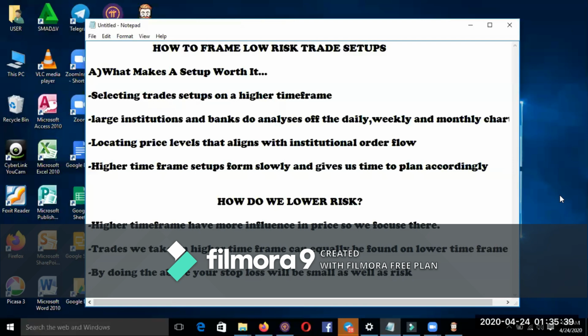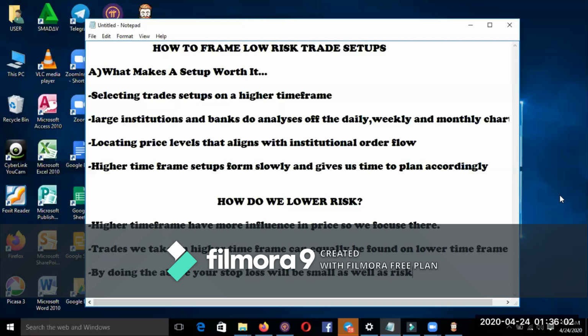If you see a retracement to a discount area of your Fibonacci on the higher time frame, now when you break it down to the lower time frame, you see how it respects and bounces off of that area. So that's what you want to respect.